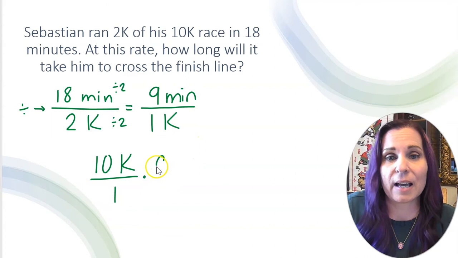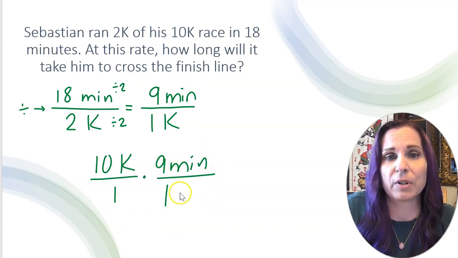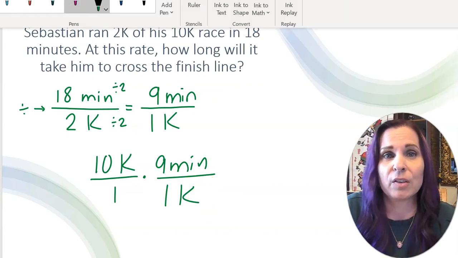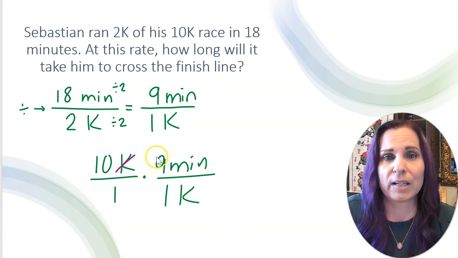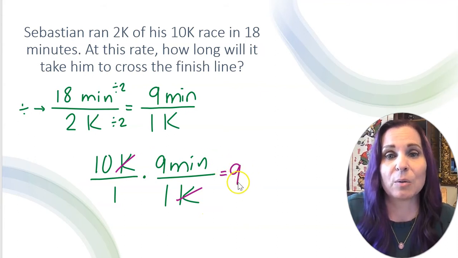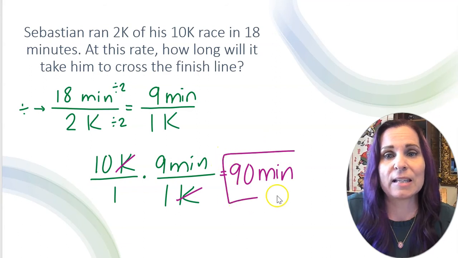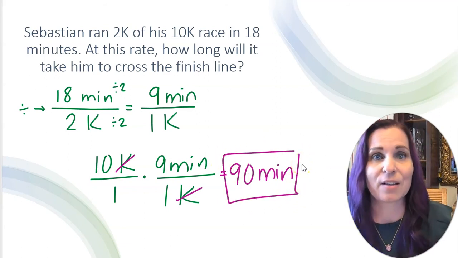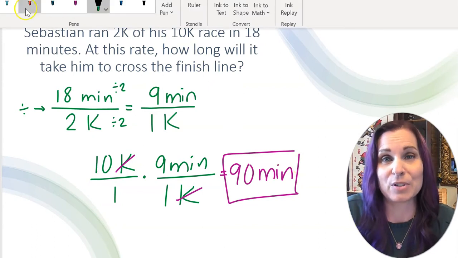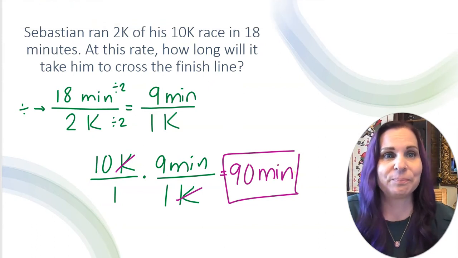Then it's 9 minutes for each kilometer. So if I look at the units here, the units are going to cancel, right? Kilometers cancels with kilometers. And that's why my answer is just in minutes. So it will take 90 minutes for Sebastian to run this race, if he keeps his rate consistent.